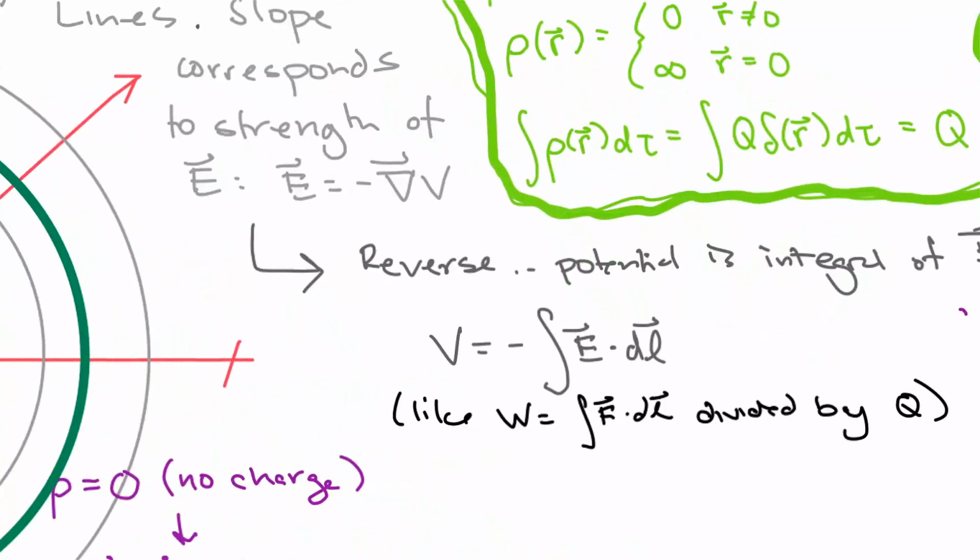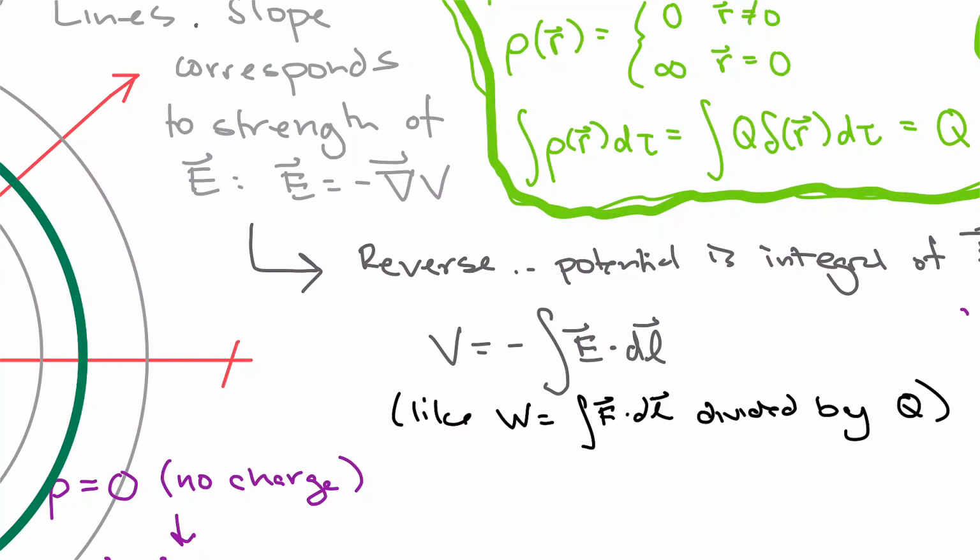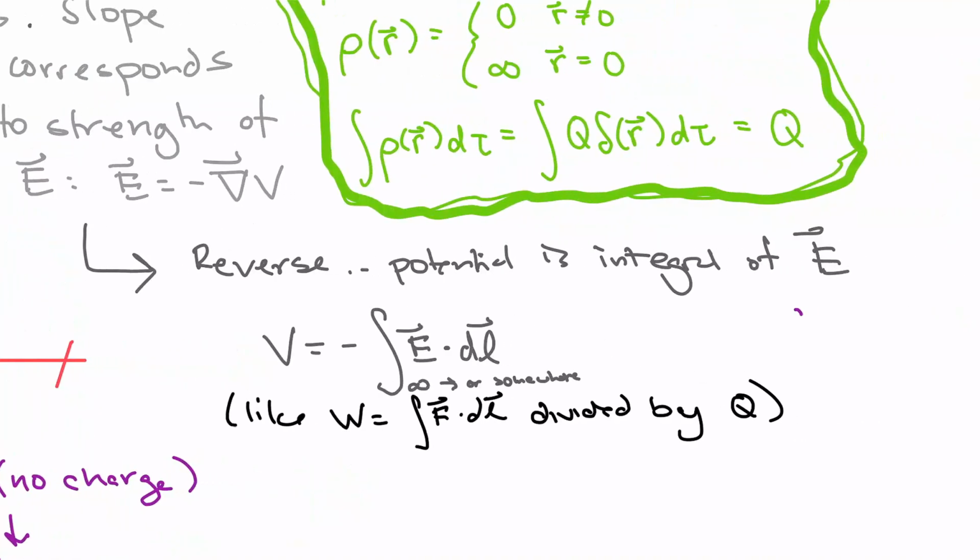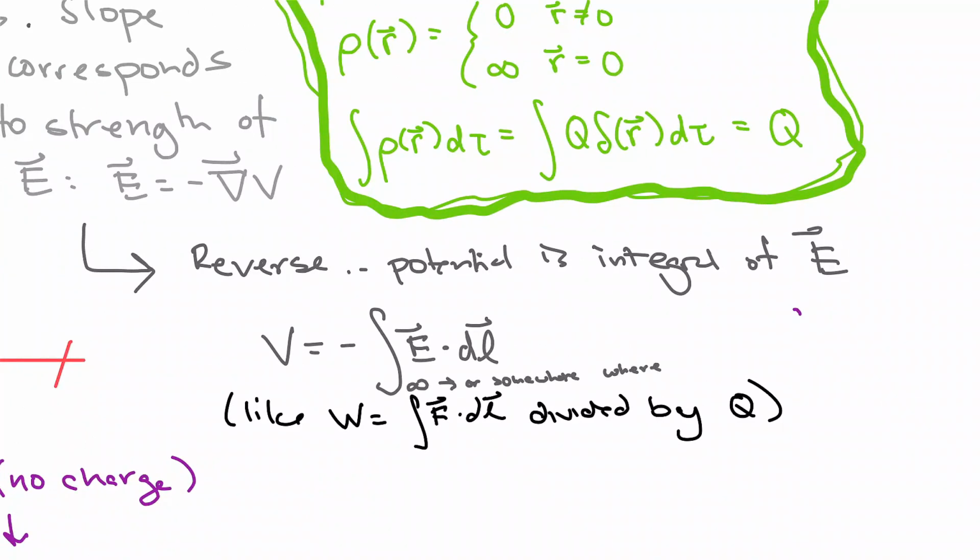To make this really clear, we're usually going to do this integral from some reference point, maybe infinity, or somewhere where we've defined the voltage is equal to 0, okay? And we're going to do that to some point r.